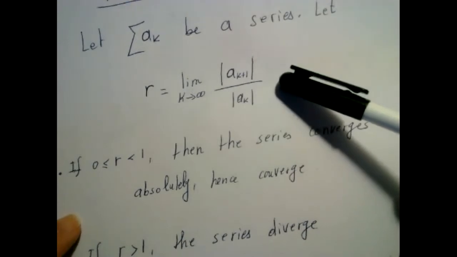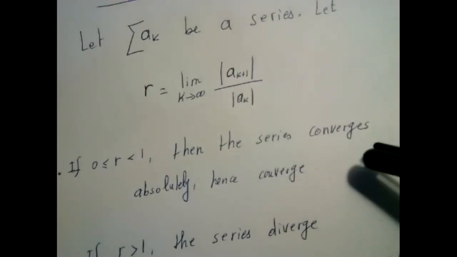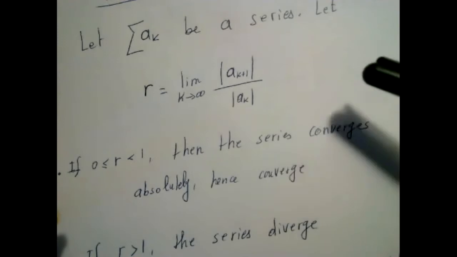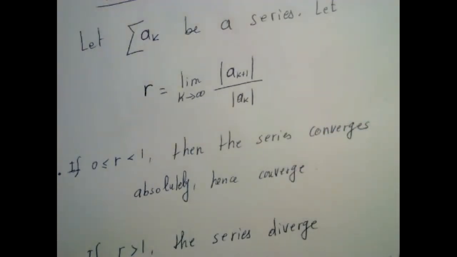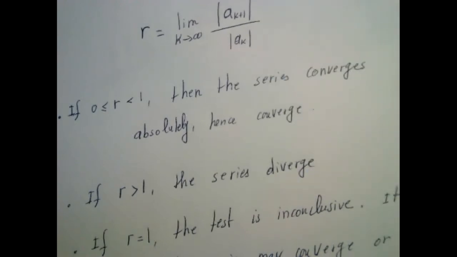I should remind you of the geometric series, because the proof is actually based on the geometric series. So the series is fine. If the ratio is bigger than 1, the series will diverge. Not absolutely, the series purely diverges.